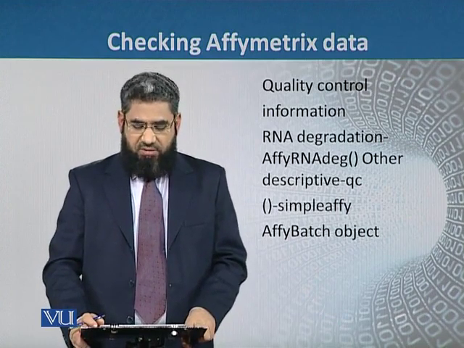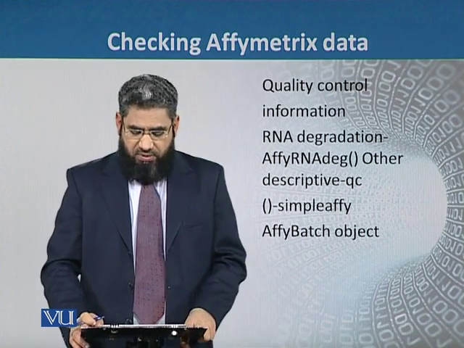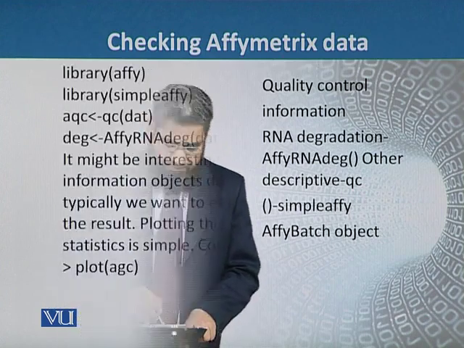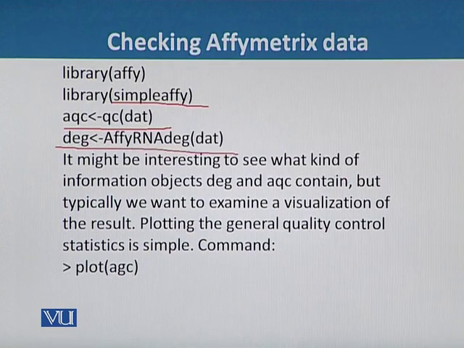Both of these tools, the data when we use is imported with the help of the FE batch object. So we have to open the library FE, and then we have to use the tool simple FE, and then we will acquire QC data, and then we will see whether the RNA was degraded or not by using this command.